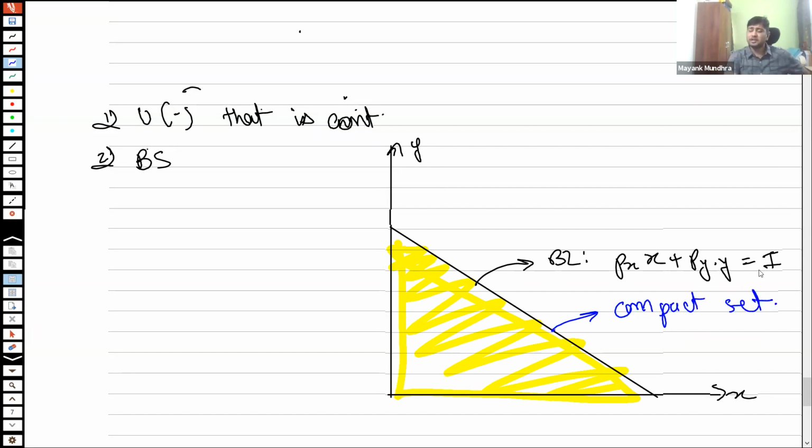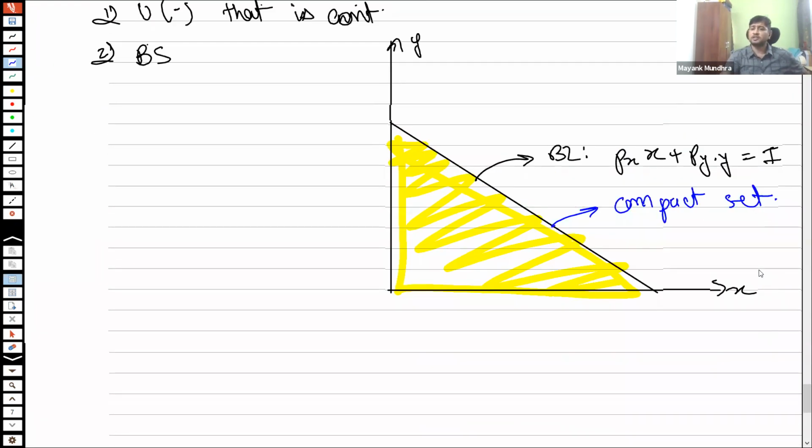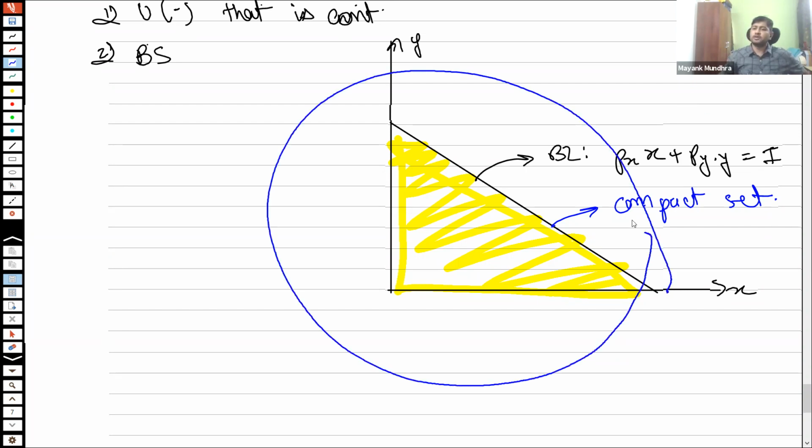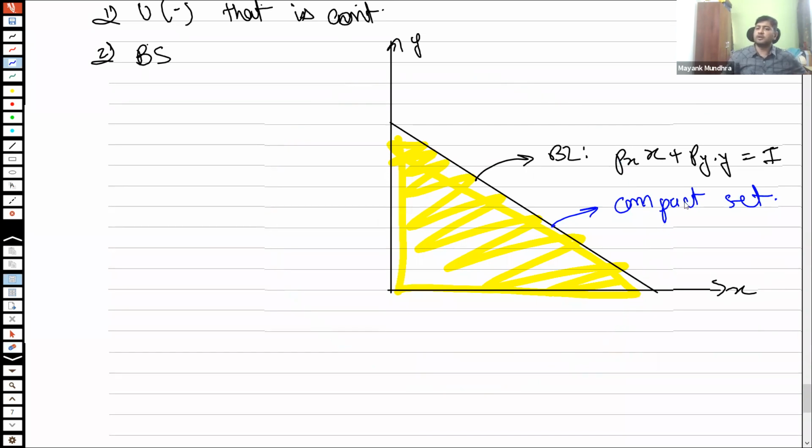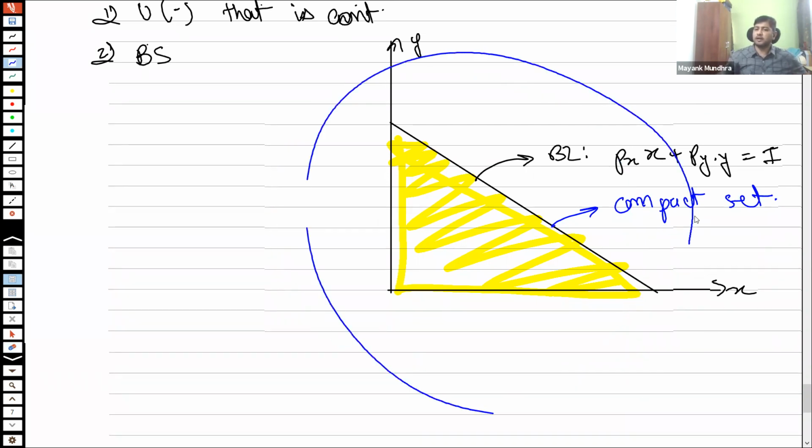My one-dimensional theorem definitions will not apply so easily on this multi-dimensional set because this is a set in X and Y. But you can see it is bounded because you can draw a circle around it. The idea for a set being bounded is if you can encapsulate a set in some circle of a finite radius, then it is bounded.